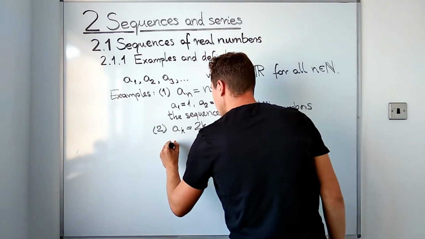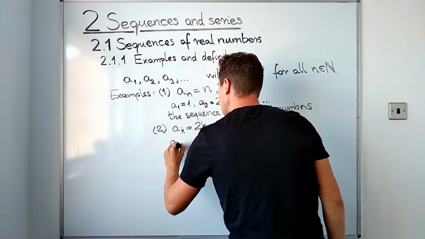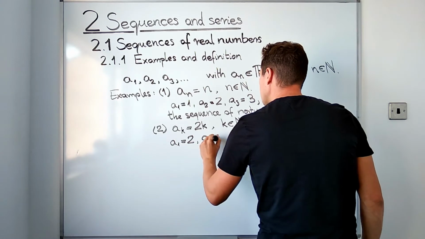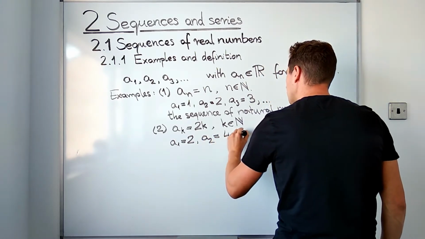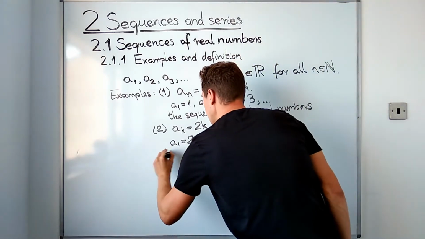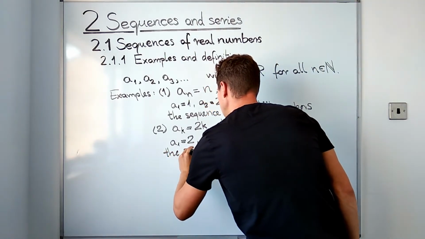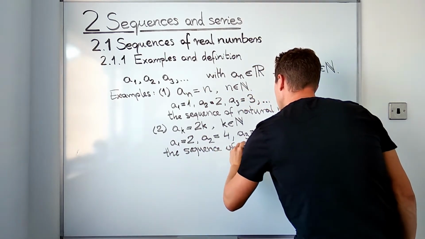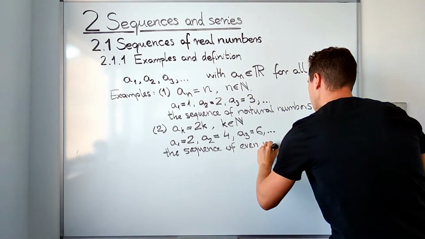So it is the sequence of even numbers, the first one being 2, the second term in the sequence is 4, the third one is 6, and so on. You get the idea. So this is the sequence of even natural numbers.